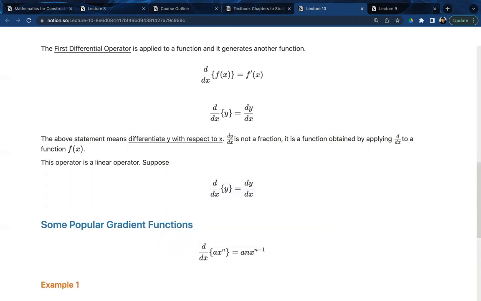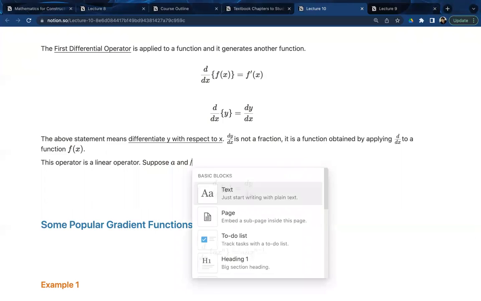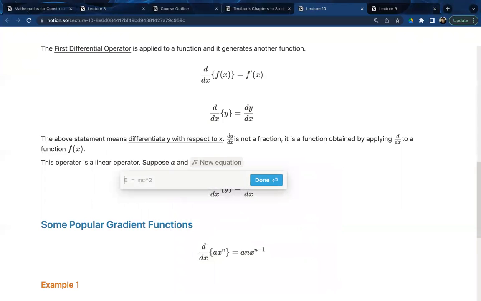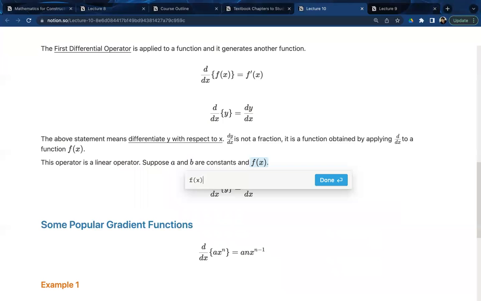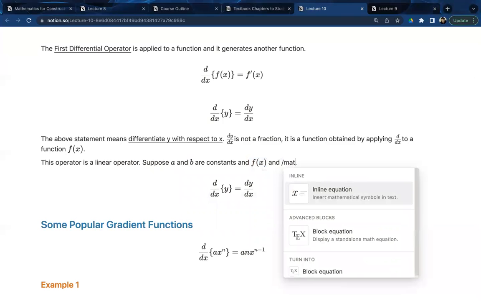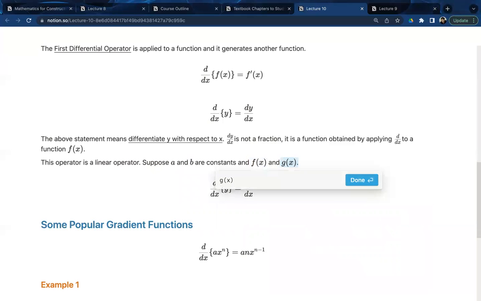Suppose a and b are constants, and f of x and g of x are both different functions of x, right?